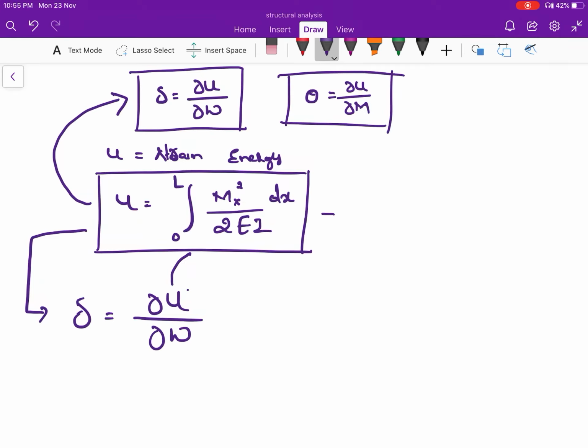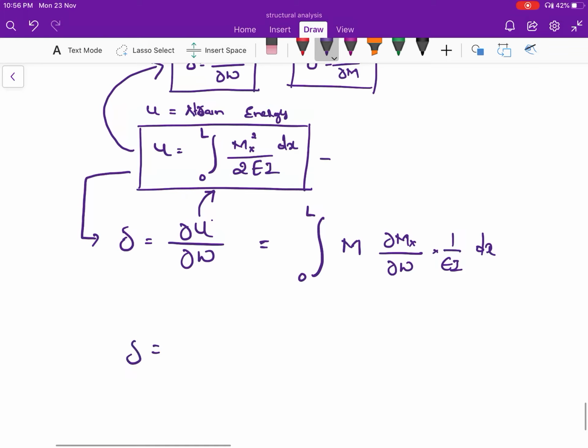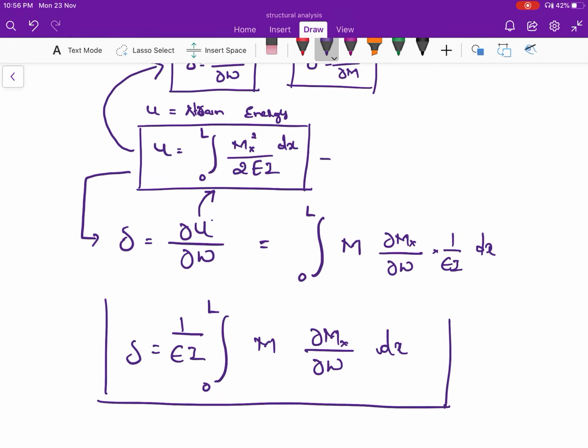I am going to partially differentiate this, and after simplification, it will come in such a way that delta is equal to integral 0 to L of M, dou Mx by dou W, into 1 by EI, into dx. 1 by EI will be the direct formula.